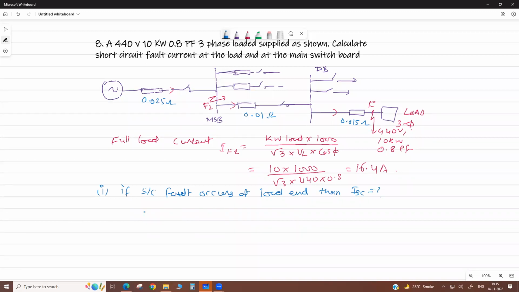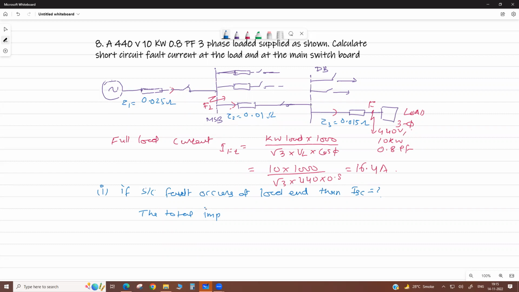If the short circuit occurs at F1, what is the total series impedance? Suppose here it is Z1, here Z2, here Z3.